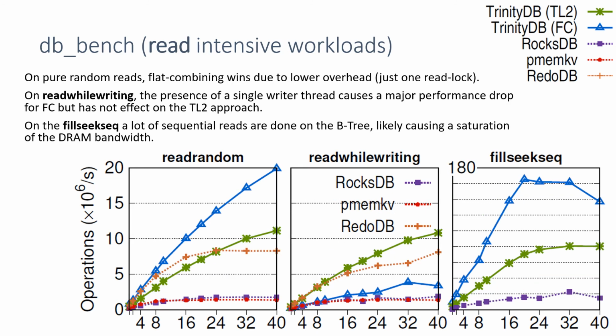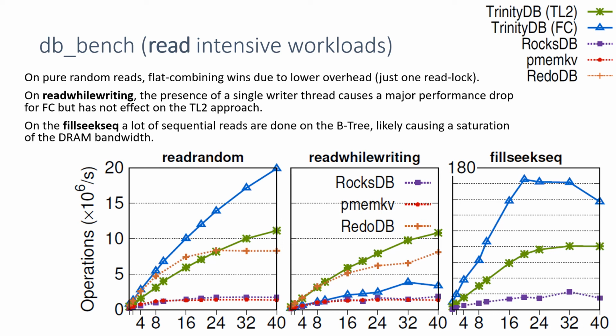More writes means more flushes in the transaction. On pure random reads, flat combining wins because of the lower overhead. It just has to take one read lock and then execute its entire transaction with no extra cost in synchronization. It's very hard to beat that. And it's doing all of that on DRAM, which gives it a lot more performance than the other techniques.